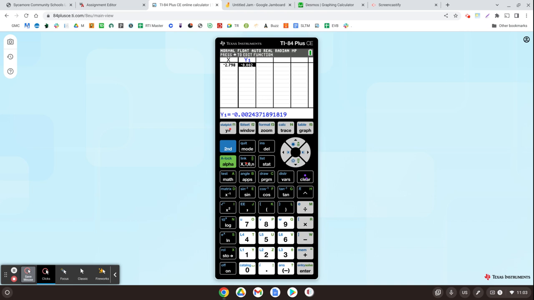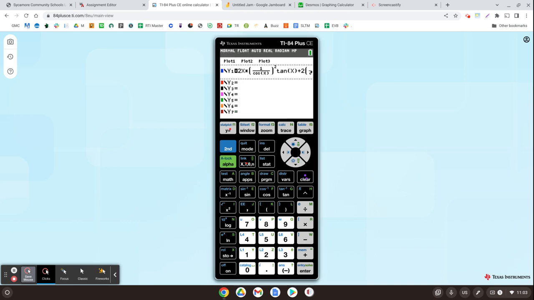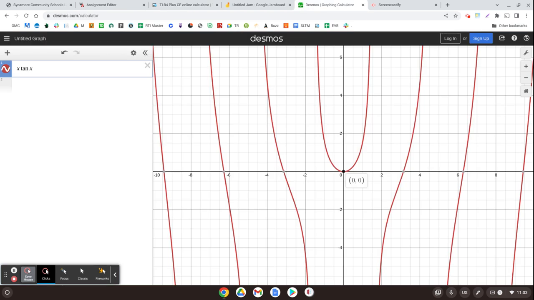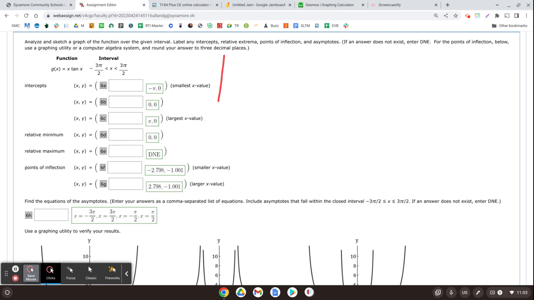Oh, I made a very common mistake. This is not my original function. My original function was in Desmos. So I go to negative 2.798 and notice if I can find it. Look, there it is. Anyway, that's how you just plug this into your original function and that'll be your output.